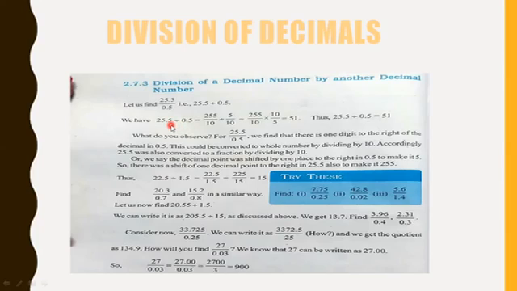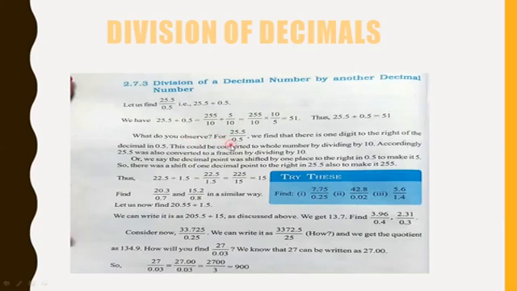Here we have one digit, so 255 by 10 divided by 0.5, which is 5 by 10. So 255 by 10 into the reciprocal of 5 by 10, which is 10 by 5, gives the answer 51. So 25.5 divided by 0.5 is 51.